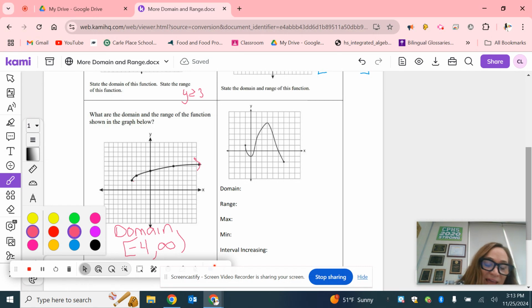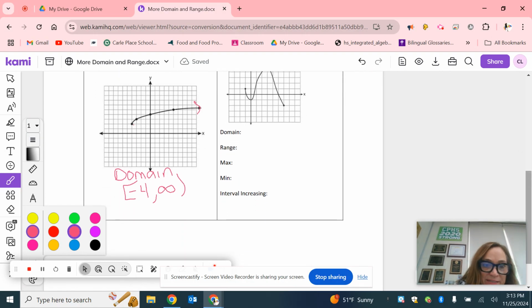Okay? Then if I look to see how low it goes, that would be the y value. And it looks like the lowest it goes is positive 2. So that's going from positive 2. And again, you can see how it's arching up. It's going to continue to arch up, so that's going to also go to infinity.